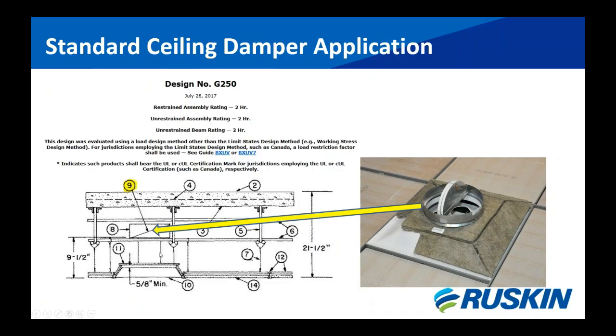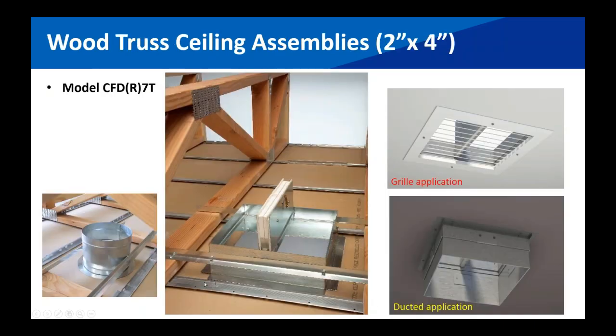So you have a hanging method of installation versus a direct attachment of steel angles to the wood. So the damper is essentially held in place by fasteners that go through the angles and into the frame. And the installation is the same for the grill or ducted below setup.